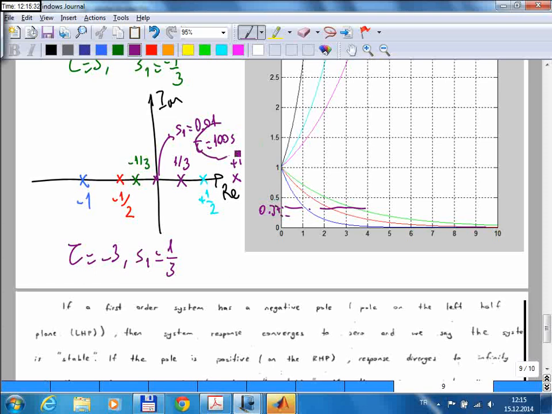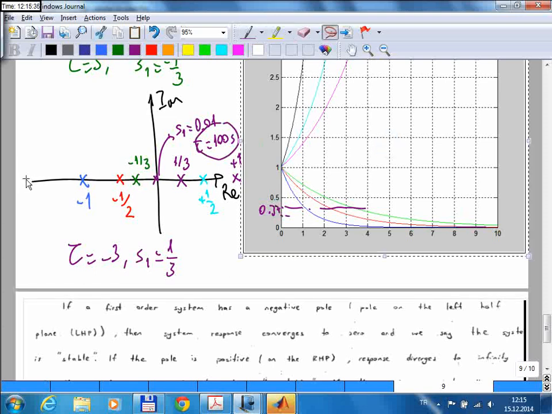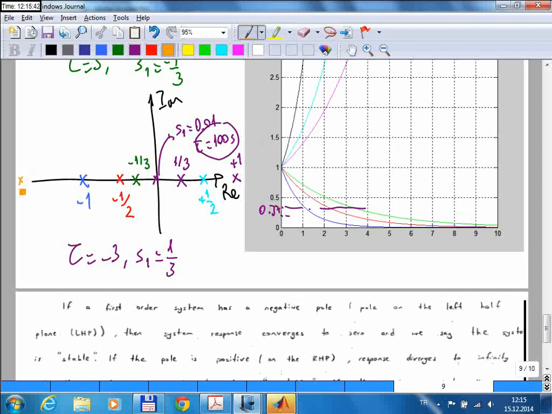It will take 100 seconds for that system. Or if you have a pole very far on the left, let's say at minus 100, in which case tau is going to be equal to 0.01 seconds or 10 milliseconds, and then the response will be really, really fast for that.